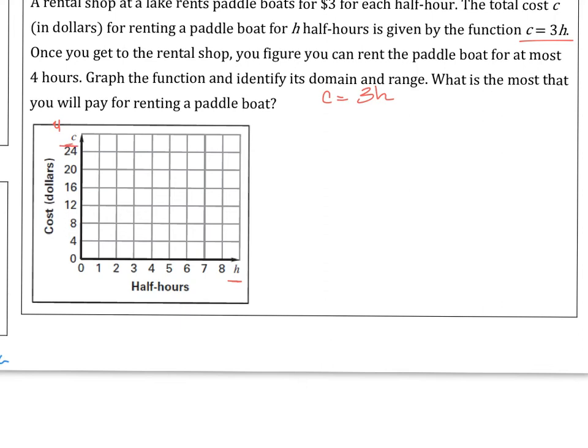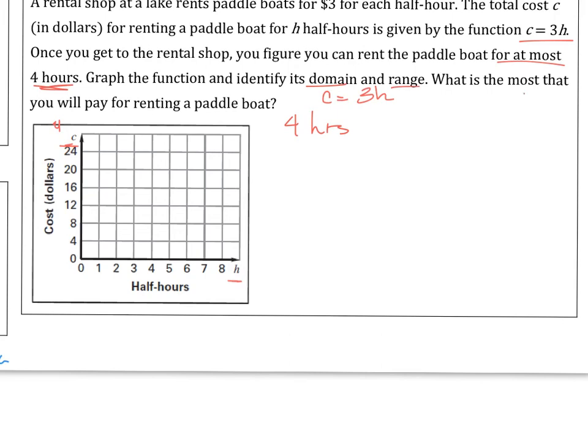Once you get to the rental shop, you figure you can rent the paddle boat for at most 4 hours. So 4 hours. Graph the function and identify its domain and range.